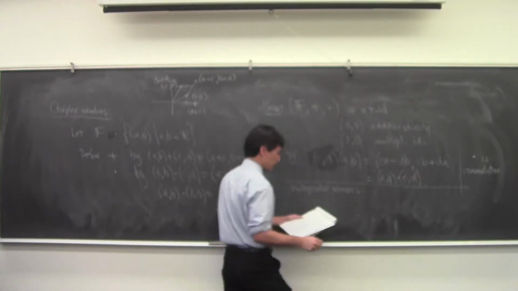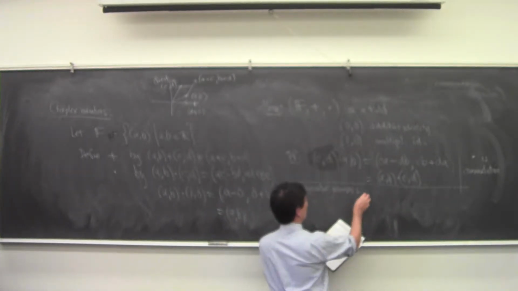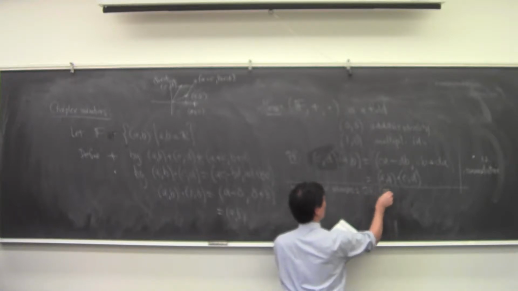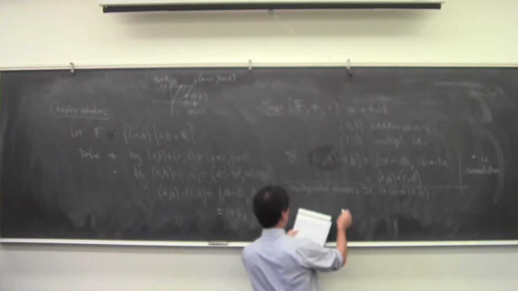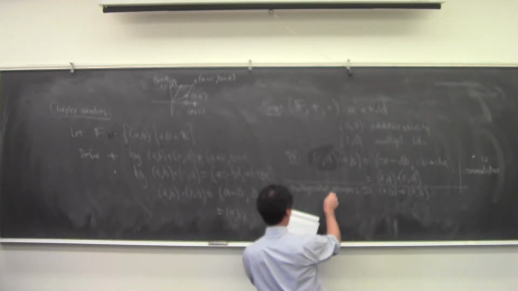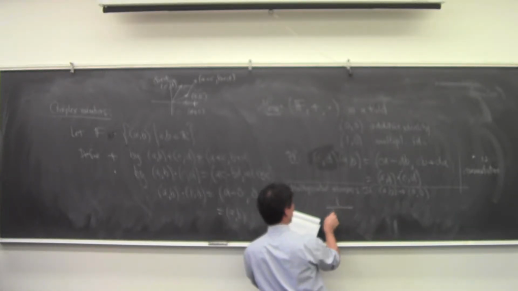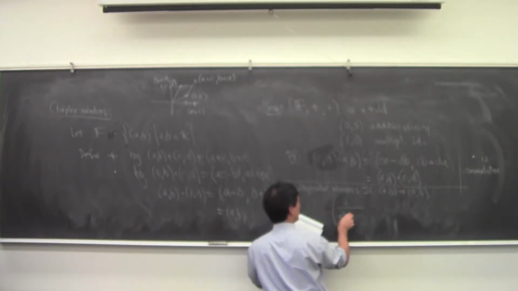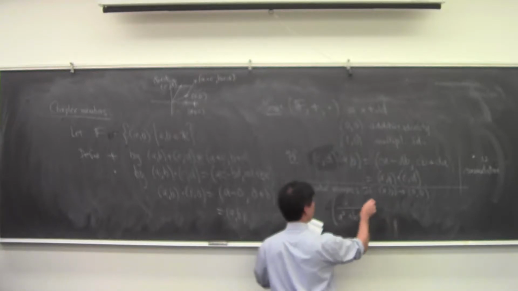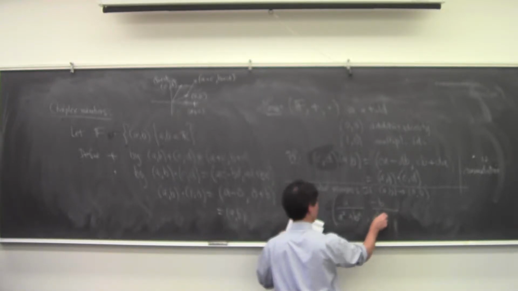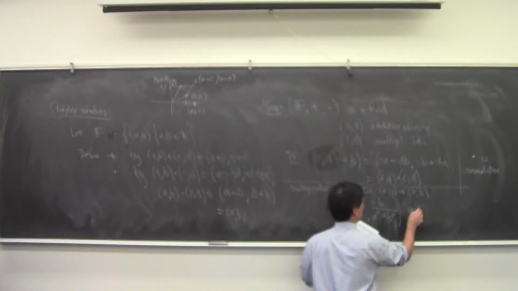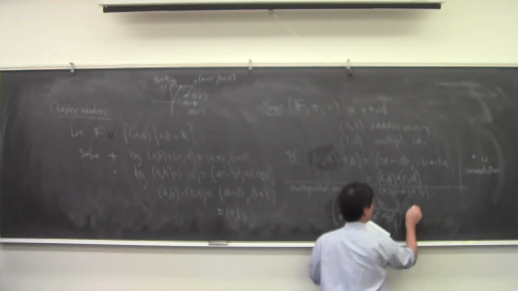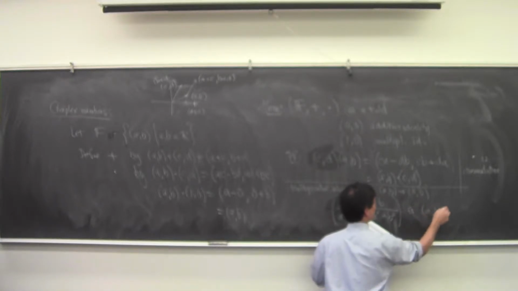So you say, well, if AB is non-zero, then it turns out that A over A squared plus B squared, comma, negative B over A squared plus B squared is the multiplicative inverse of AB.